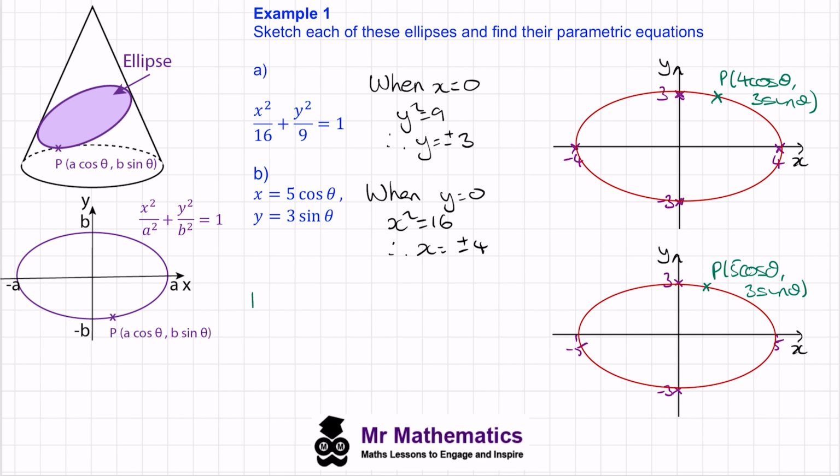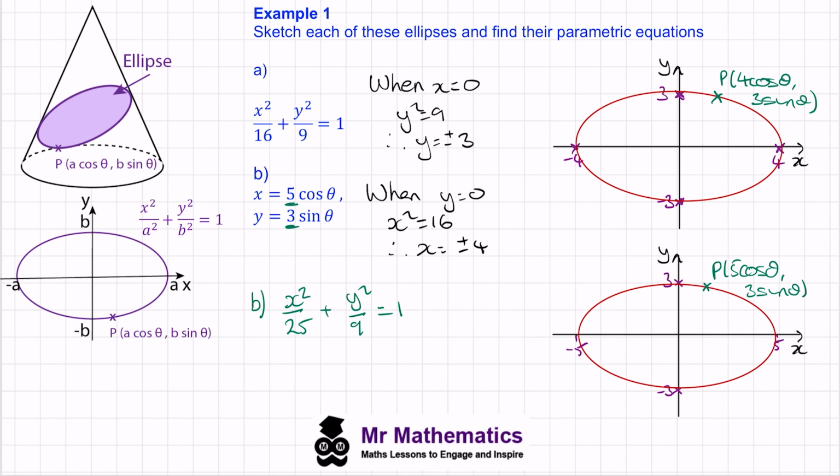And for our Cartesian form, we'll have x squared over a squared, well, 5 squared is 25, plus y squared over b squared, and b is 3, so over 9, and this will equal 1. So I hope this has given you an idea on how we can sketch each of these ellipses and find their parametric and Cartesian equations.